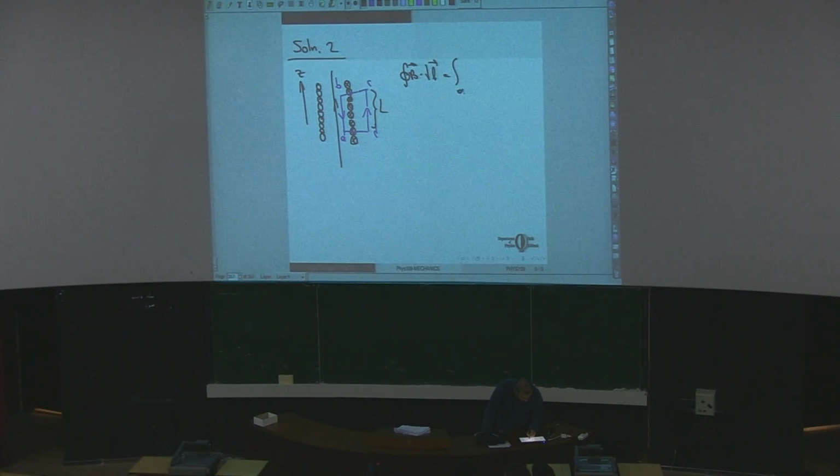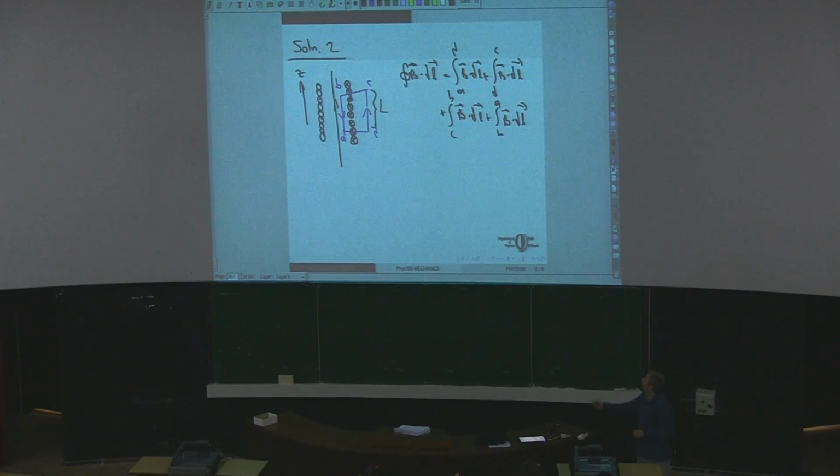This time I'm going from A to D, from D to C, from C to B, and then from B to A. Just like in the previous case, the first three are zero. Either the magnetic field is zero, or we are moving in a direction perpendicular to the magnetic field. This is zero, this is zero, this is zero.